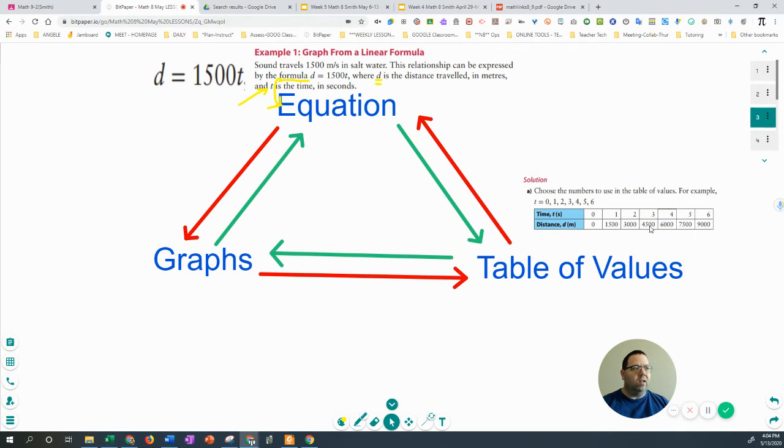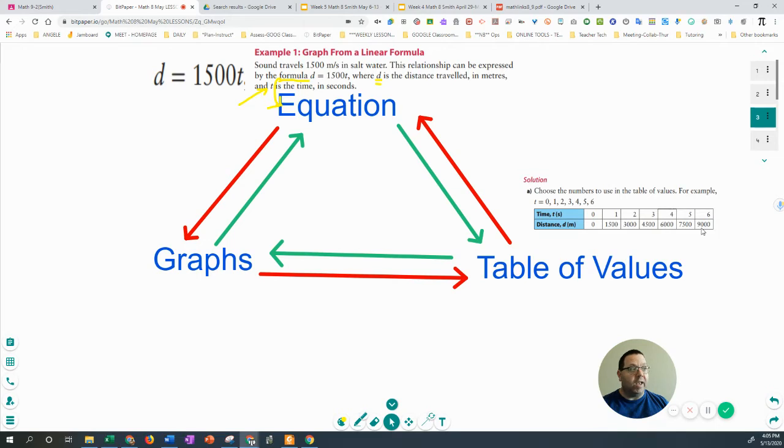After 3 seconds, 4,500. So there's a relationship here between the time and the distance. The further the sound continues on in time, the further away in distance it goes. So 3, 4,500, 4, 6,000. After 5 seconds, 7,500 meters.